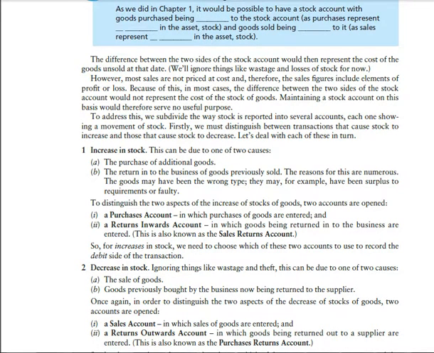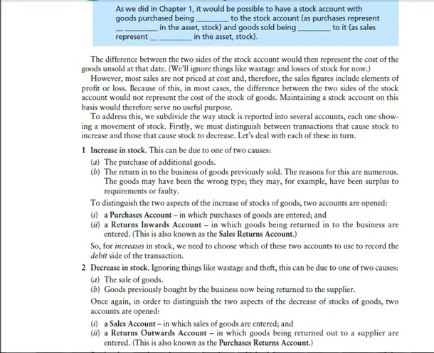When you purchase goods, the purchases account would be debited, and in the case of a return, the return inwards account would be affected. So if there is an increase in stock, there are generally two accounts that would be hit: a purchases account, and a returns inward account.